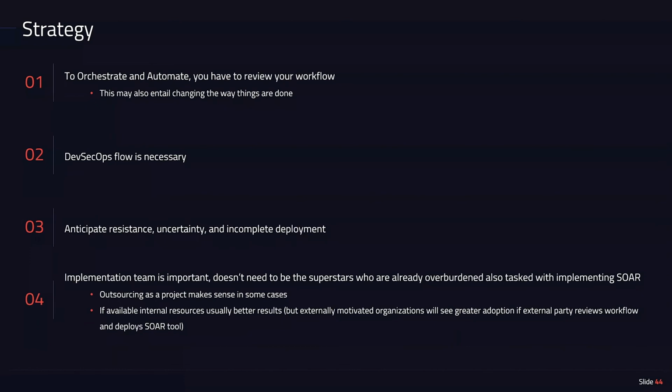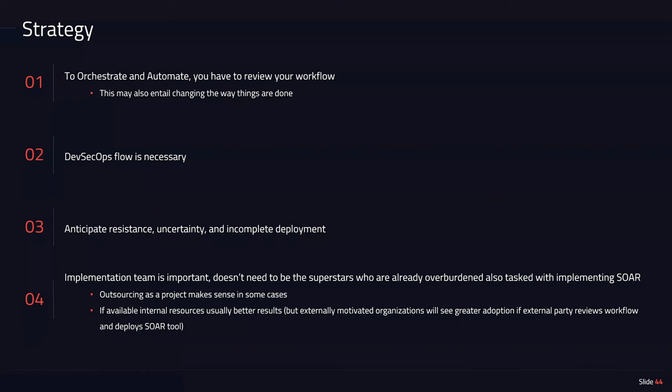Okay. And so for that deployment or implementation aspect, you might end up with a couple internal people deploying this. You might also, in a very externally motivated organization, which I think would be an appropriate approach, get a third party to assist you with the deployment. Why? Because an externally motivated organization, and I'm using that term in the context of Geert Hofstede's organizational cultural dimensions.